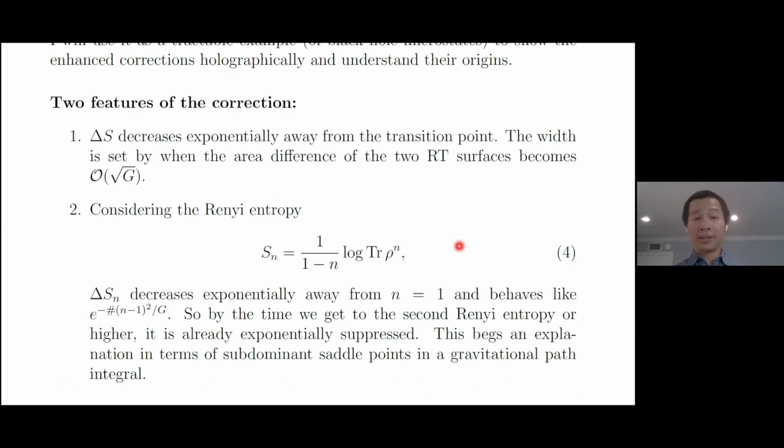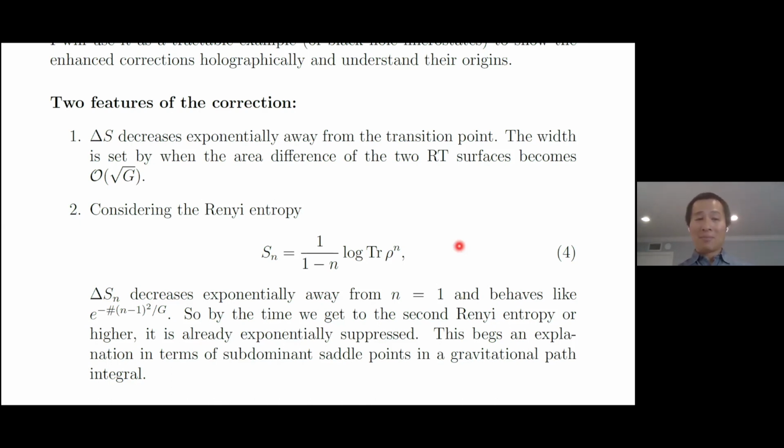The answer is that it only appears very, very close to n equals 1. So for Rényi entropy with n equals 1 plus epsilon, and for sufficiently small epsilon, it will be there. But if we go to reasonably large n minus 1, it will disappear.